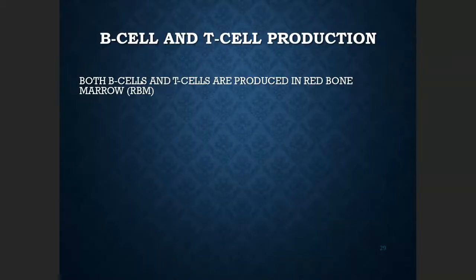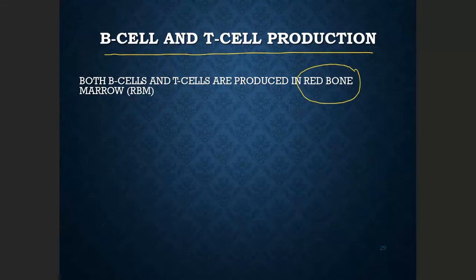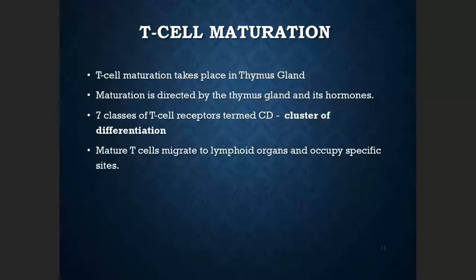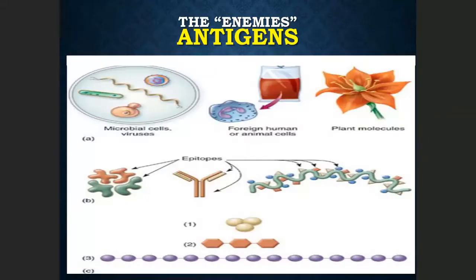Okay, so B cell and T cell production, again, both are produced in red bone marrow. The B cell maturation takes place in the red bone marrow, so they stay there, while the T cell maturation takes place in the thymus gland. And this is the place for T cell maturation.